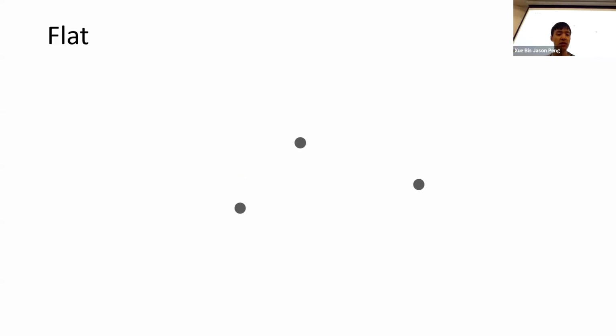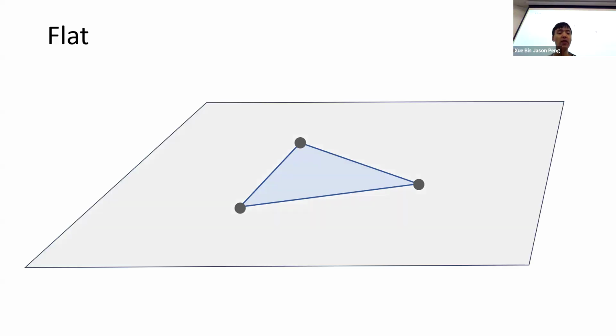Given these three vertices, I can connect them with edges to form a triangle. And the resulting triangle will be flat because it can be fully contained along a plane. So I can take those three vertices, construct a triangle, and then fit a plane to this triangle. And the triangle will be fully contained within the plane, which means that there are no points on the triangle that are off the plane.